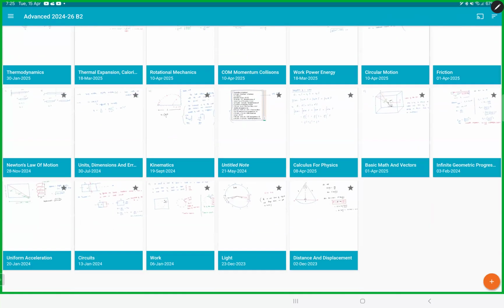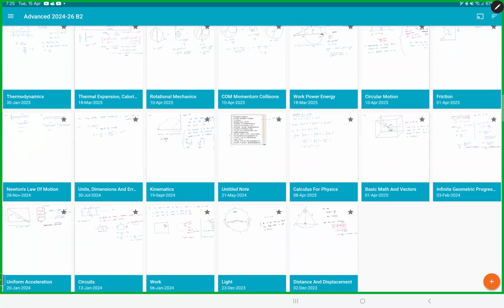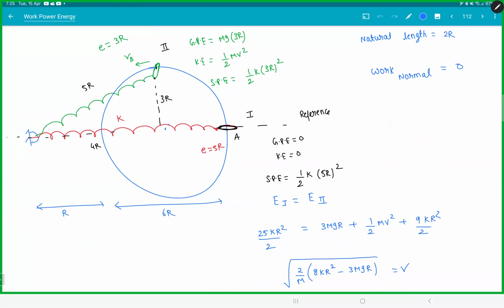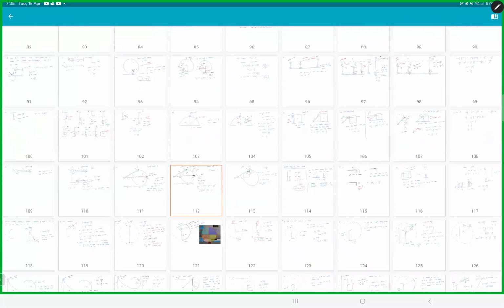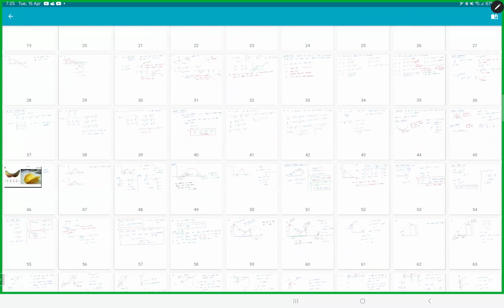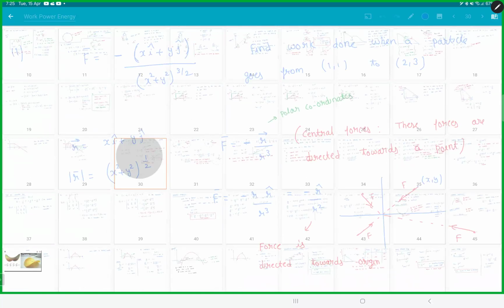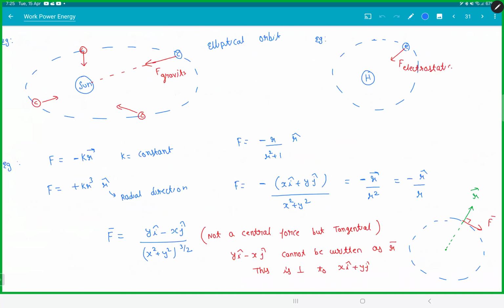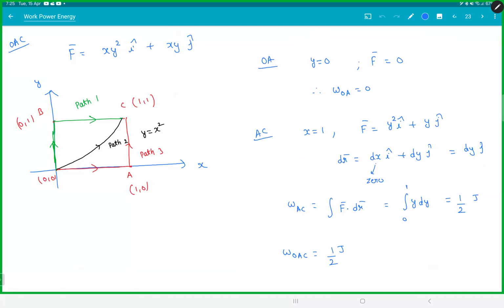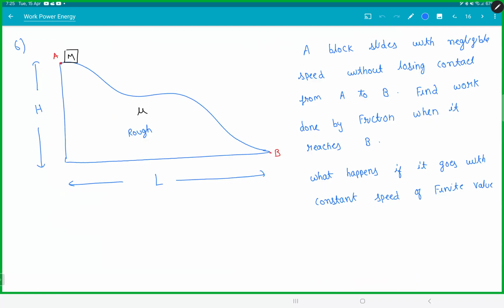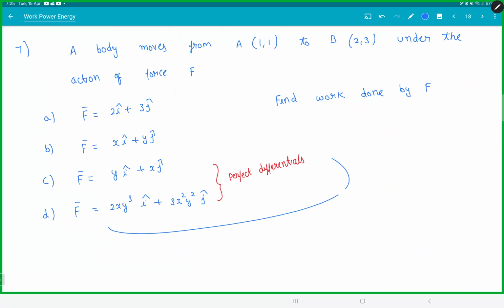If you go back to work power energy, how did you deal with these kinds of functions? There was a name for this. Anyone remembers? Remember what we call them? Perfect differentials.